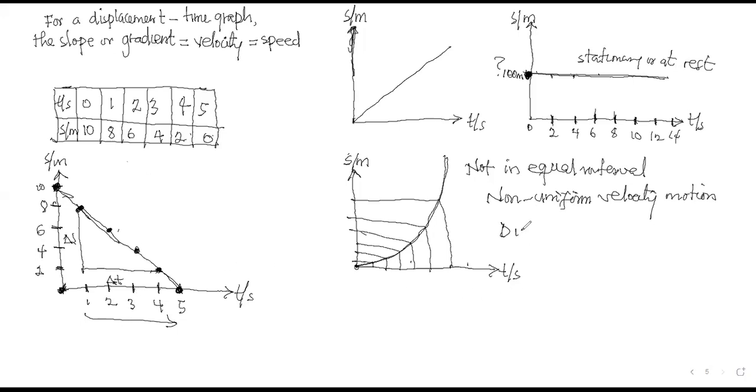The distance covered is not in equal intervals. That is why it is said to be non-uniform. Now, under such motion, because it's a curve, you cannot find the slope for all the plotted points.